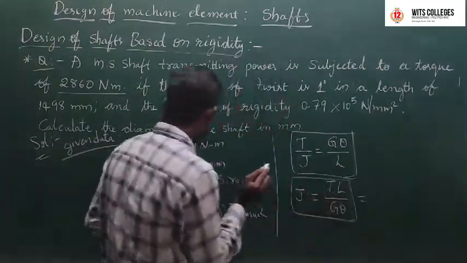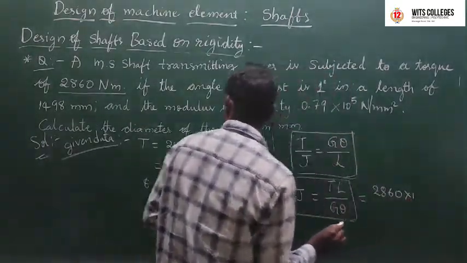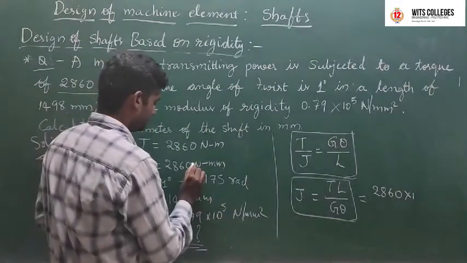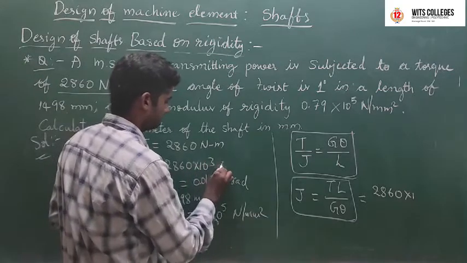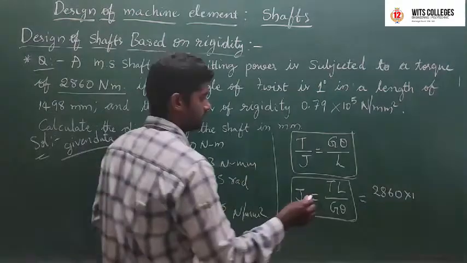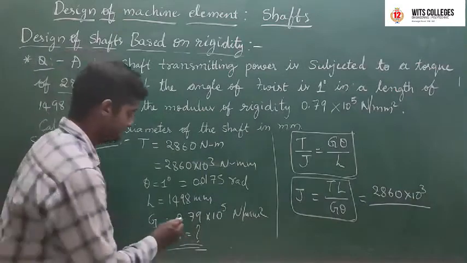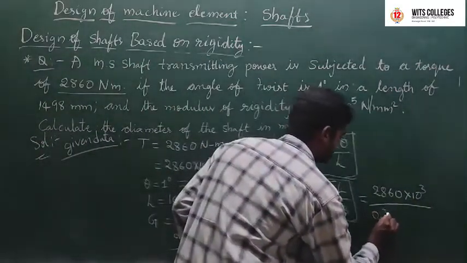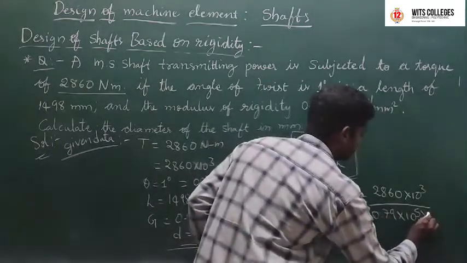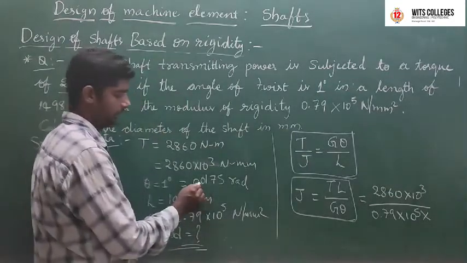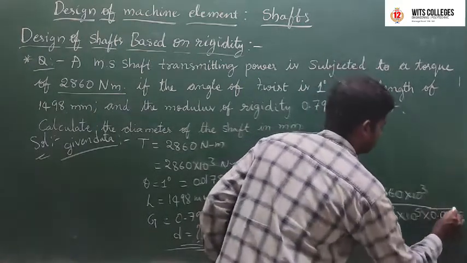T is 2860 into 10 to the power of 3, G is 0.79 into 10 to the power of 5, and theta is 0.0175.